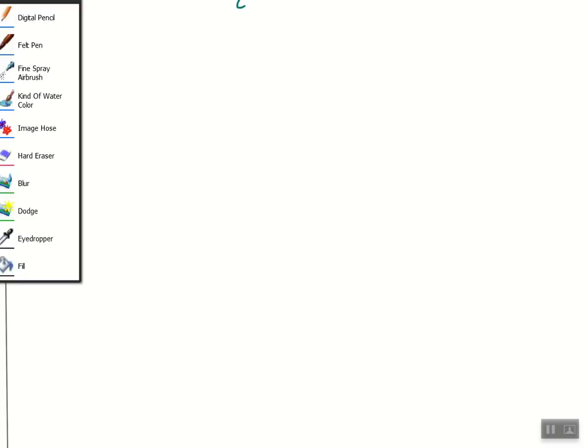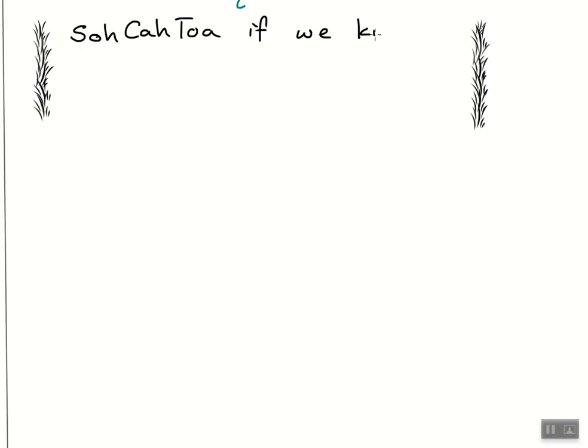If I want to use inverse trig or regular trig, I want to make sure that we can distinguish the difference between them. This is going to be a big star warning. Here is a statement that we need to make sure that we have somewhere. We use SOHCAHTOA, which is trig, if we know an angle and a side.